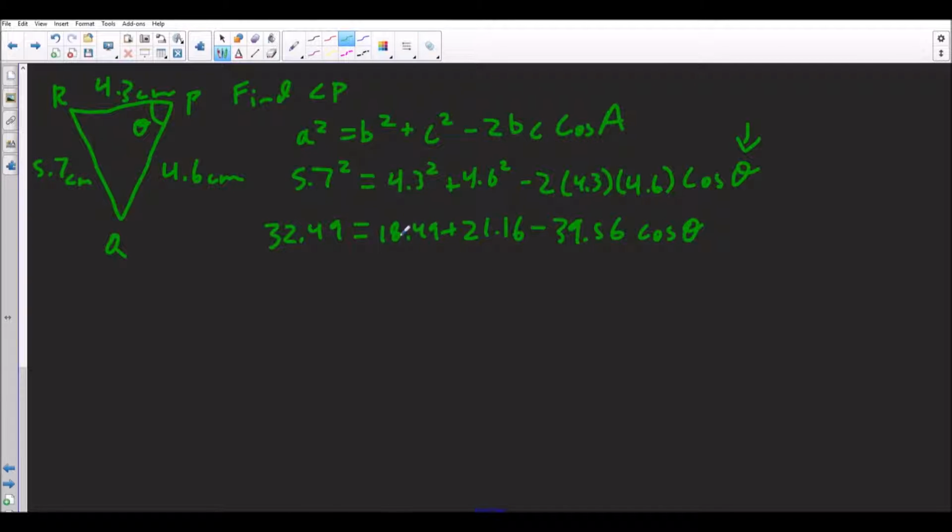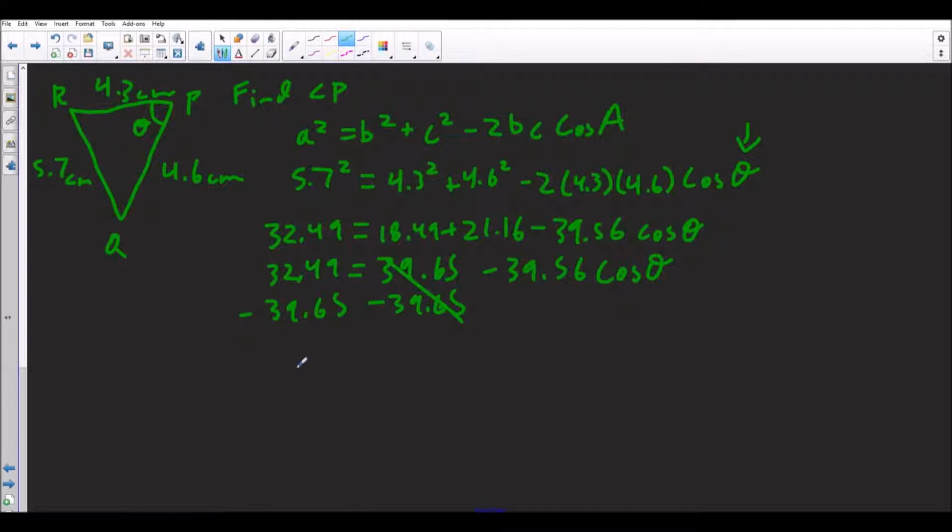So now what we need to do is add these things together. So we're going to get 32.49 is equal to 39.65 minus 39.56 cos theta. So we're going to move this to the other side, minus 39.65 on both sides.